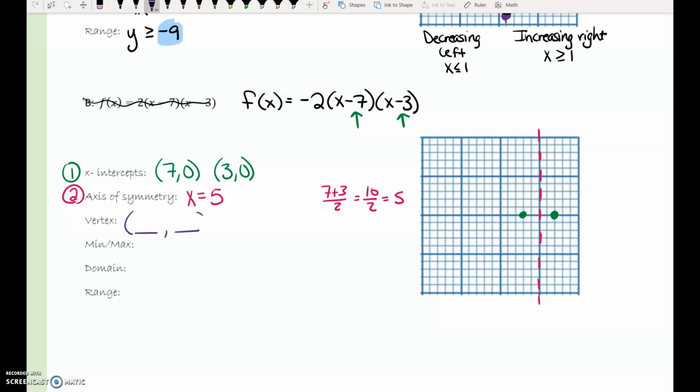Our vertex starts with the axis of symmetry. We need to plug that number in. So I guess I'll do my work right over here. -2, 5 minus 7, 5 minus 3.